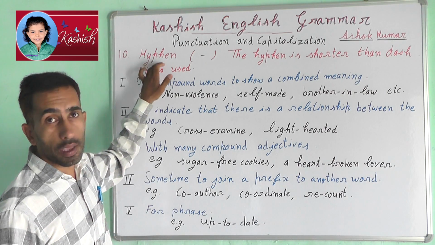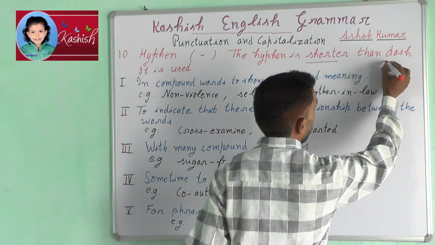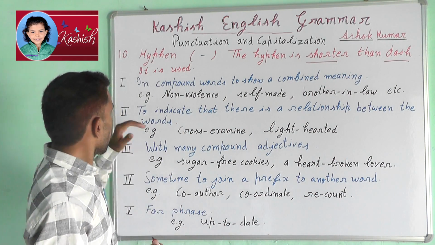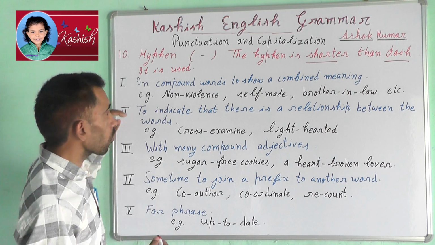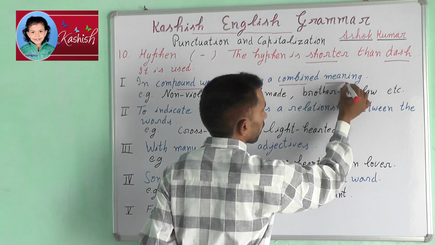Tenth, hyphen. The hyphen is shorter than the dash. It is used first in compound words to show a combined meaning.